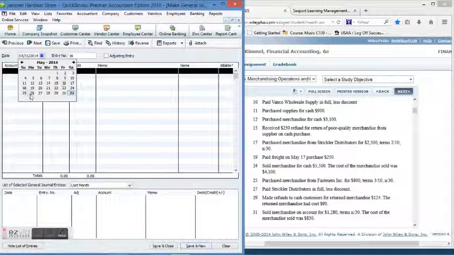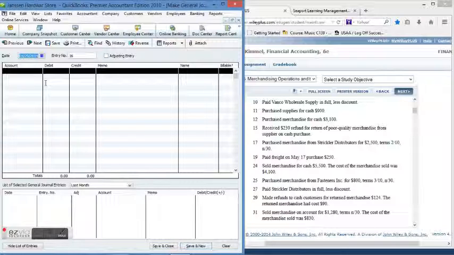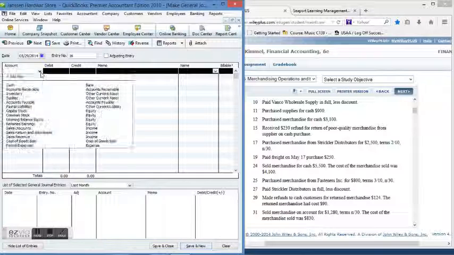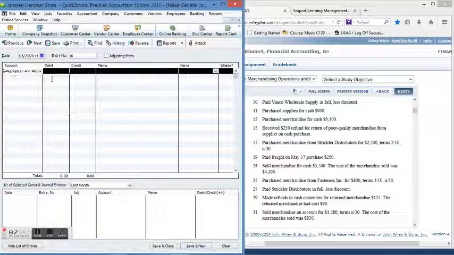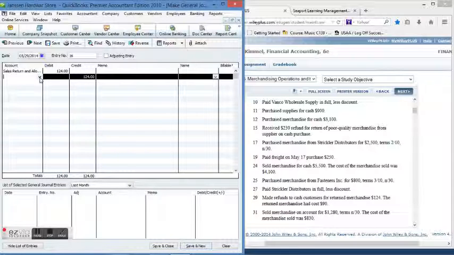Alright, next thing we do, put in the date, May 29th. Looks like we have a return for merchandise, a value of $124. The merchandise itself was worth $90. So we go ahead and put in here sales returns and allowances, $124. Remember, sales returns and allowances is going to be a contra revenue account.